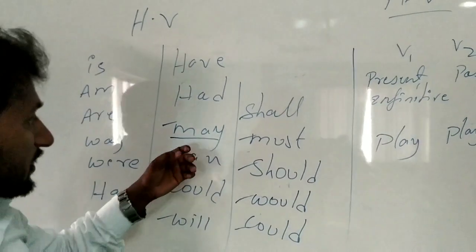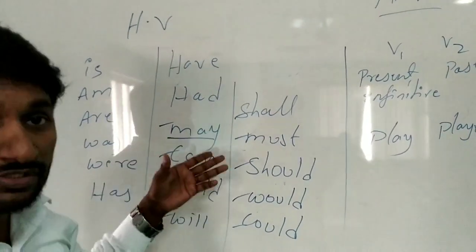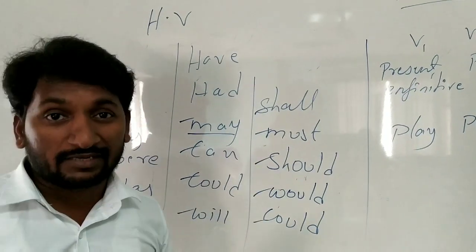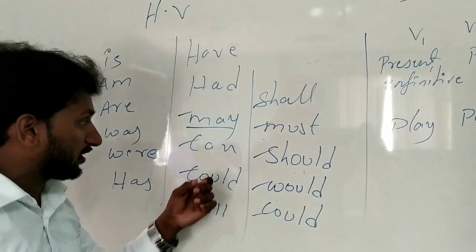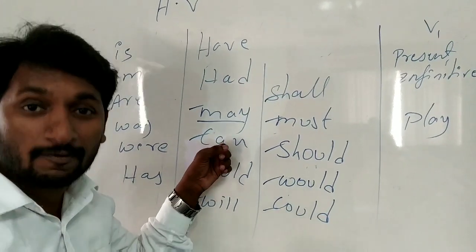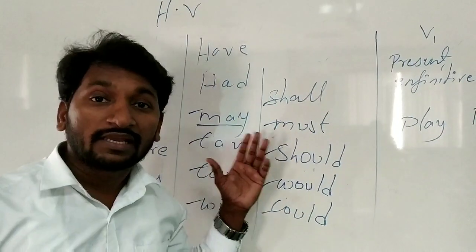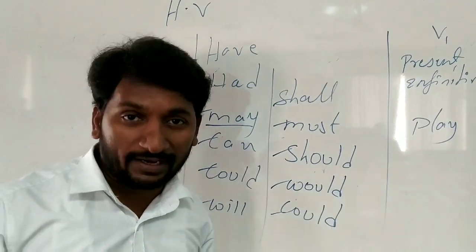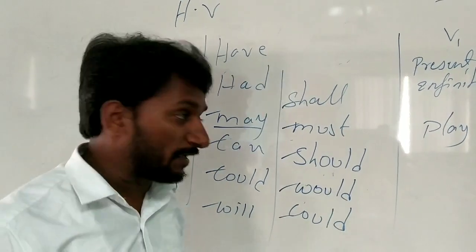Now I would like to tell you the roles that may is going to play in a sentence. But first, let me tell you what we are really aware of. If you look at the board, you know very well, can is used to express the ability. For example, if I tell you that I can swim, I'm expressing my ability.